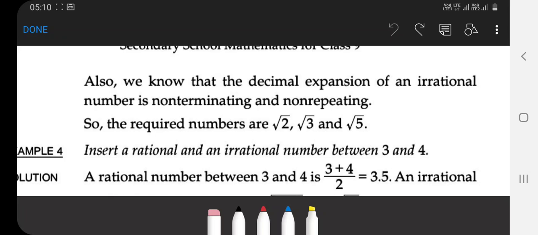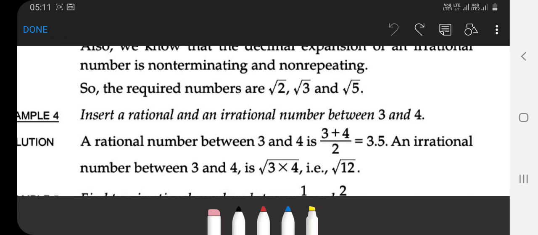So root 2, root 3, root 5, root 6, root 7, root 8 are irrational numbers. We know that the decimal expansion of irrational numbers is non-terminating and non-repeating. So root 2, root 3, root 5 are examples of irrational numbers.